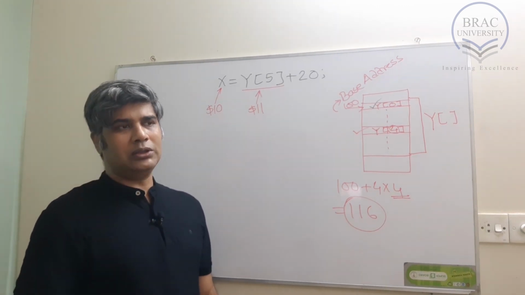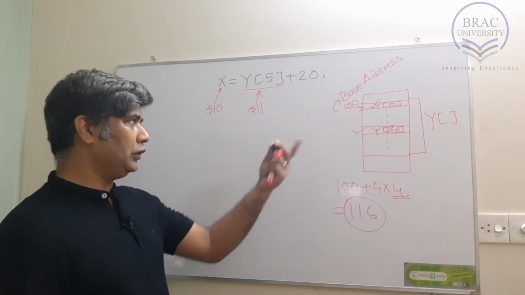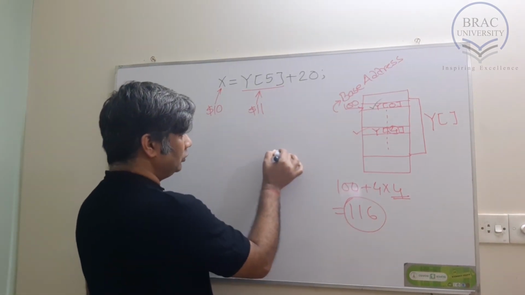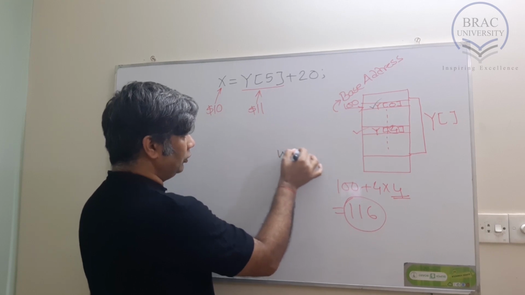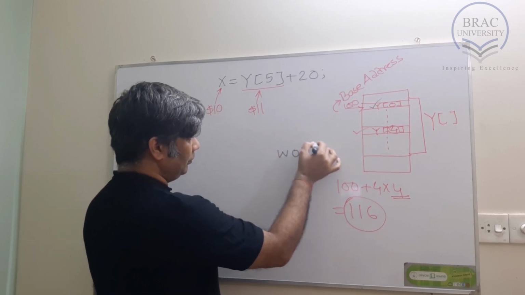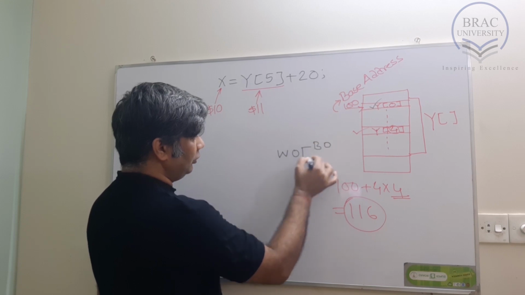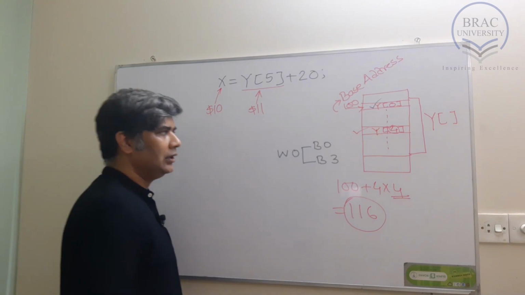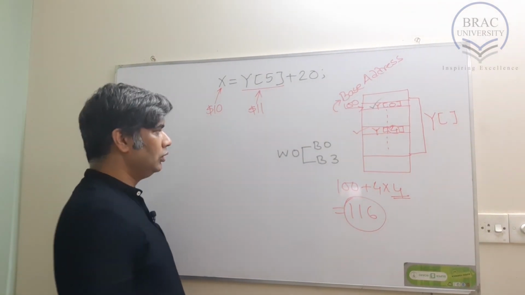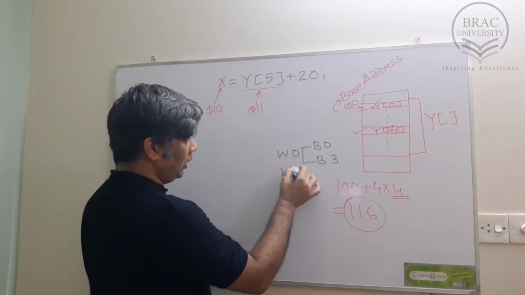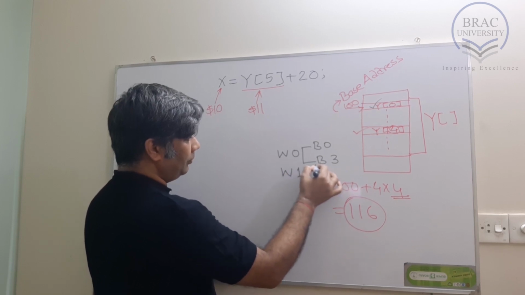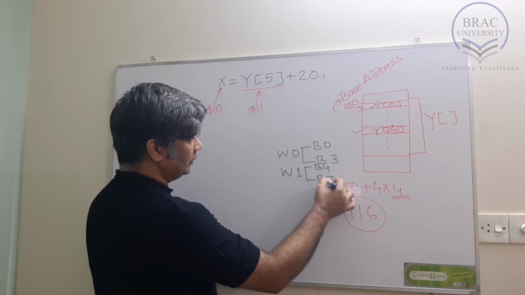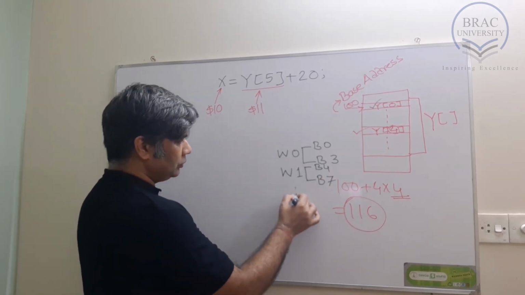So one word is physically, if we consider the first word, then word 0 would be byte 0 till byte 3. So word 1 would be from byte 4 to byte 7 and so on.